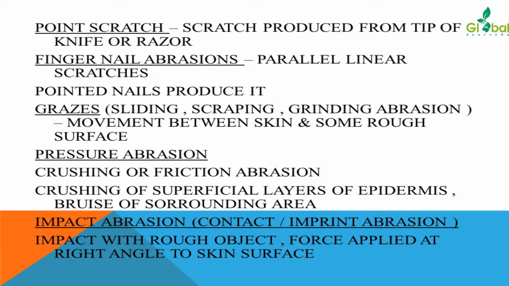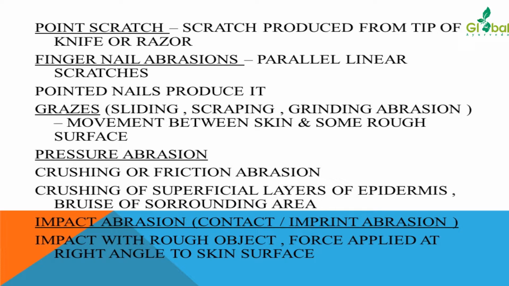The other one is called the pressure abrasion. That is where more friction is applied, with a crushing action. The superficial layers of the epidermis are crushed, and there will be a bruise of the surrounding area, with a yellowish color on the surroundings also. The other one is called the impact abrasion, or contact or imprint abrasion.